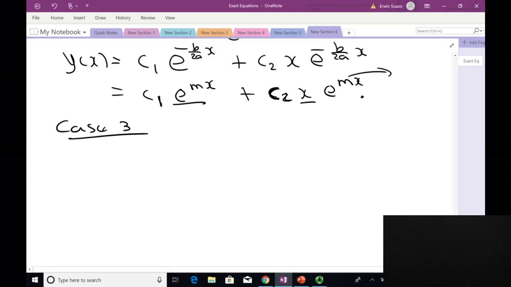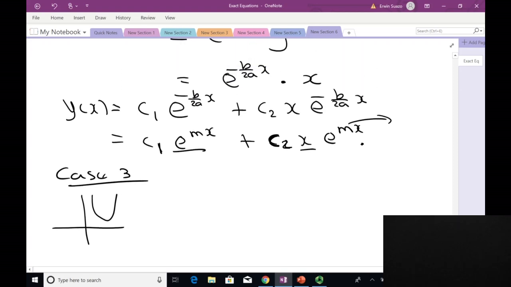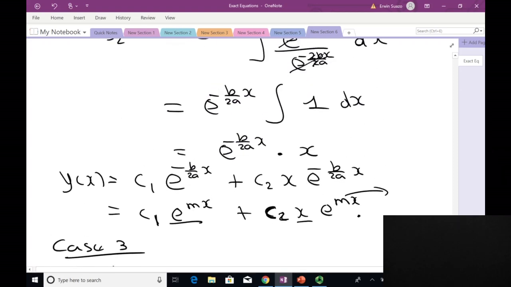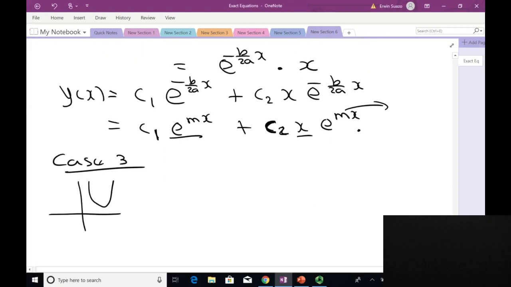So what we do now: we have this case, the parabola is like that. If the parabola is like that, that means I have complex values. So let's see, how do we write this? We have two m values, right? So m1, let's use this notation, that is kind of a standard: alpha plus i beta.